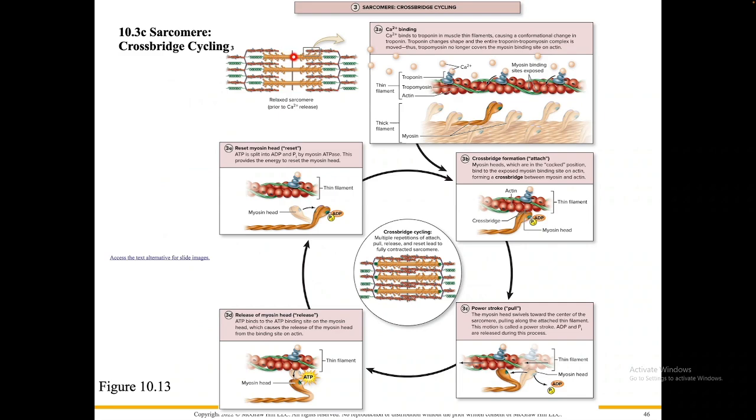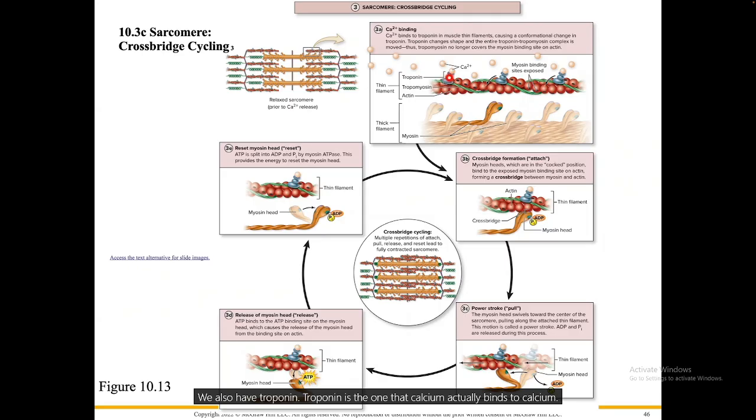Quick review, here's thick filaments. These are thin filaments. I'm going to jump over here. On the thin filaments, we have tropomyosin. The myosin is like the string. We also have troponin. Troponin is the one that calcium actually binds to. Calcium binds to the troponin, which is on the thin filament.